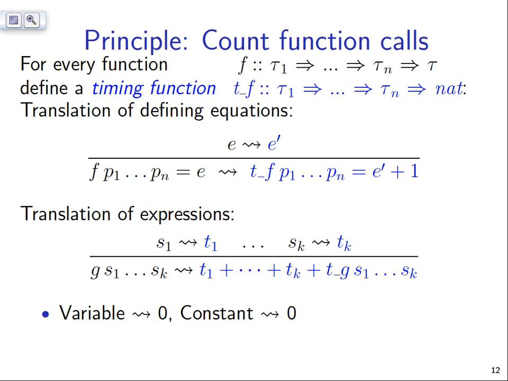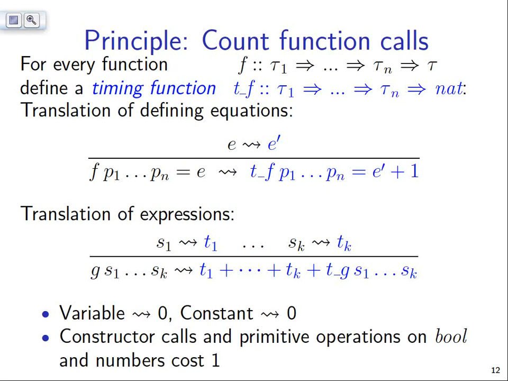That still leaves some things, namely, how do we deal with things that aren't explicitly defined, like constructor functions, and like primitive operations on numbers and booleans that are already in the prelude.